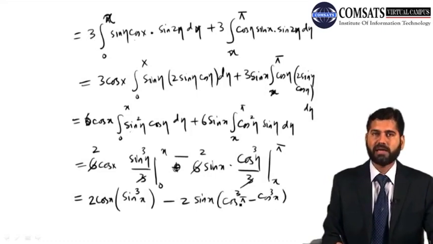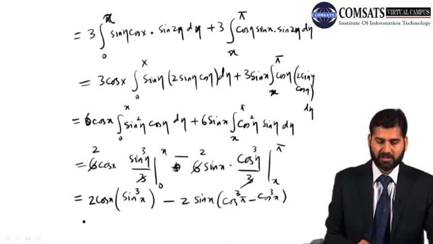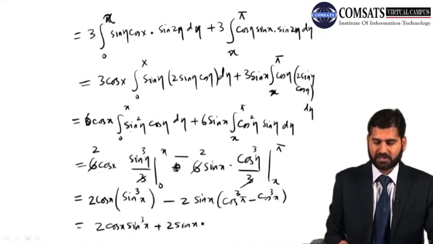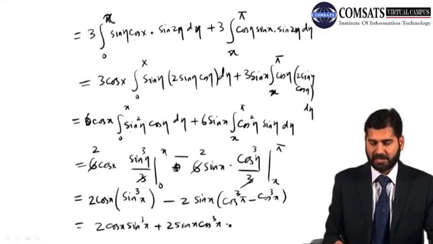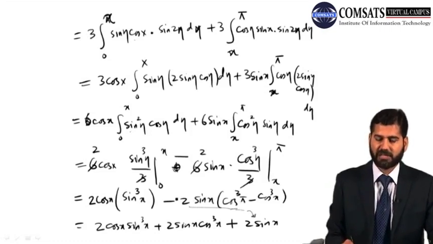And what is cosine cube pi? It's negative 1. So you got 2 cosine x sine cube x plus 2 sine x cosine cube x, and plus 2 sine x. I wrote this term at the end, because cosine cube pi is negative 1.